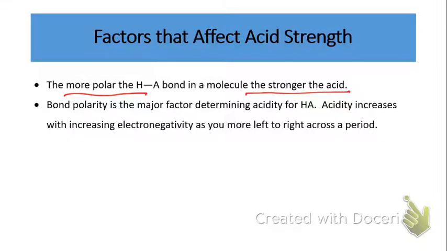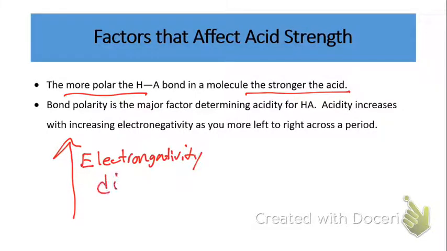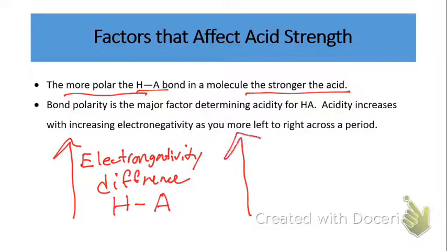So if you increase the electronegativity difference between the HA bond, the bigger the difference is, then the stronger the acid is going to be.